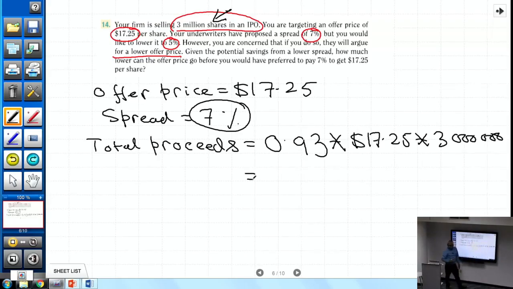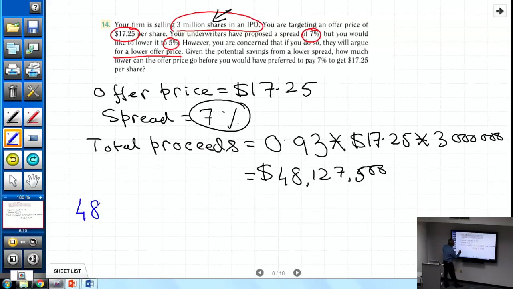So based on this, you can raise $48,127,500.